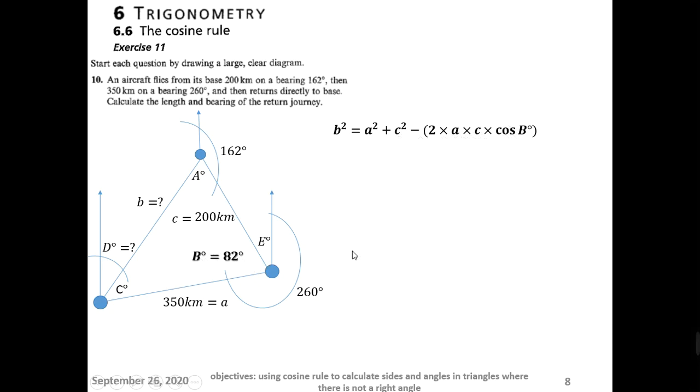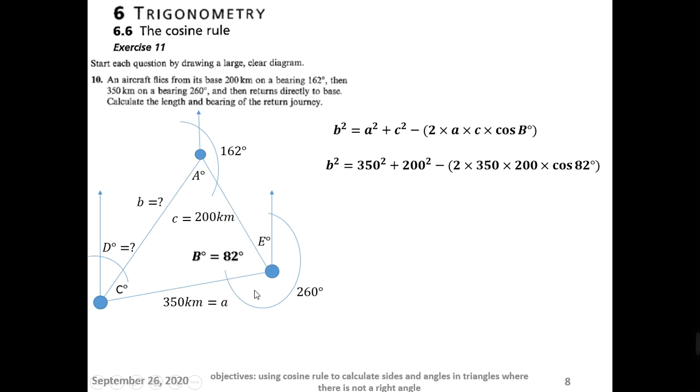Let's substitute in this rule now. So b squared is equal to, a is equal to 350, so 350 squared plus c is equal to 200, 200 squared minus, in brackets, 2 times side a, which is 350, times side c, which is 200, times cosine the angle between side c and a, which is the 82 degrees.